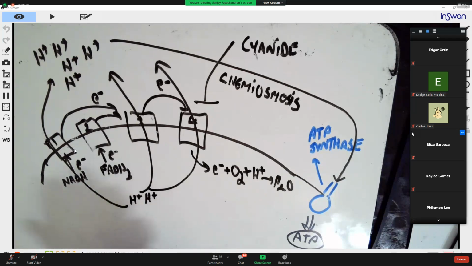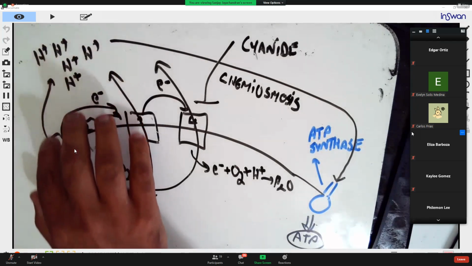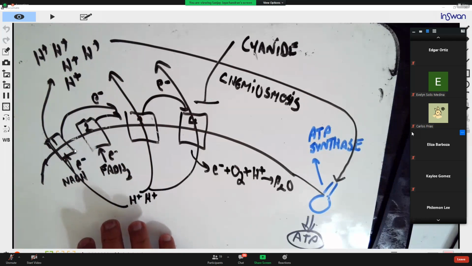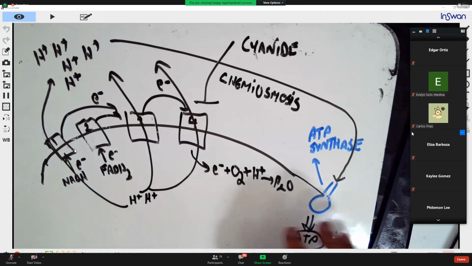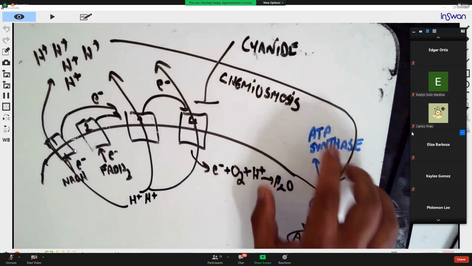Why would it stop it? Because if that chemical took all these protons and brought them right back across the membrane, then they aren't going to cause activation of the ATP synthase. Excellent. Right, you can't cause activation of the ATP synthase, because they've got to cause activation.